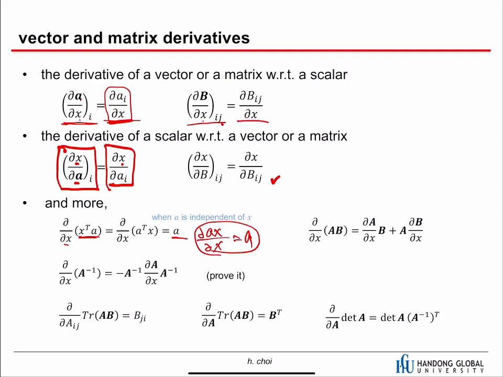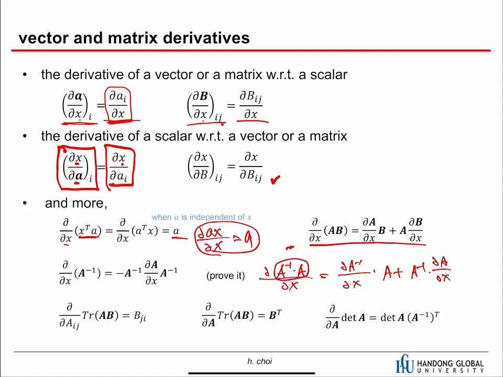And the proof is not that complicated here. Proof. Okay, A inverse times A. Then we want to take a derivative of this with respect to x. Then we can use the product rule: derivative of A inverse with respect to x times A plus A inverse times derivative of A with respect to x. Then look at this one.